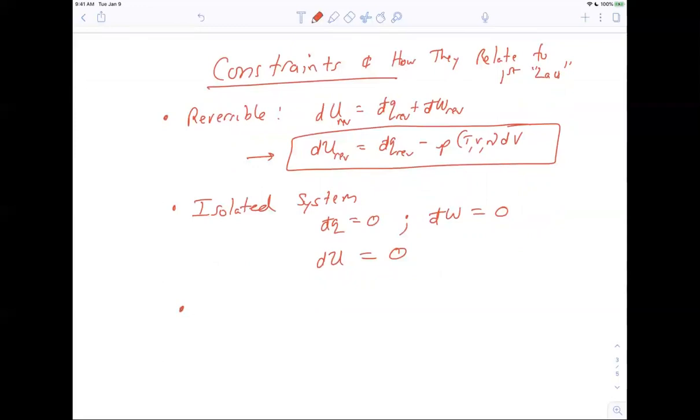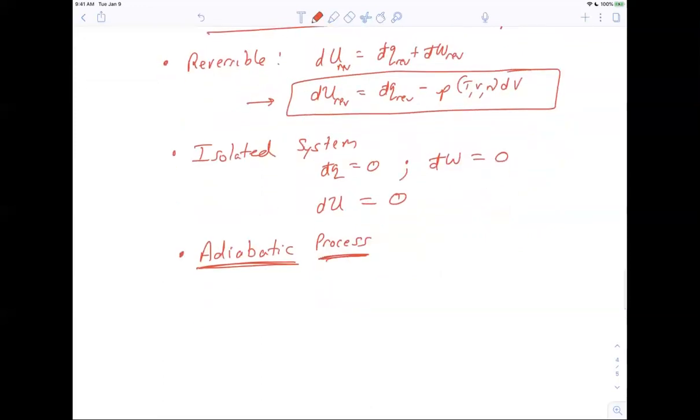Another thing, I haven't discussed this, but now we can introduce this idea if you haven't already seen it in your readings, is if something is adiabatic. Okay, so you may have an adiabatic process. Right, did I spell it right? Yeah, adiabatic. And so for an adiabatic process, dq is equal to 0.